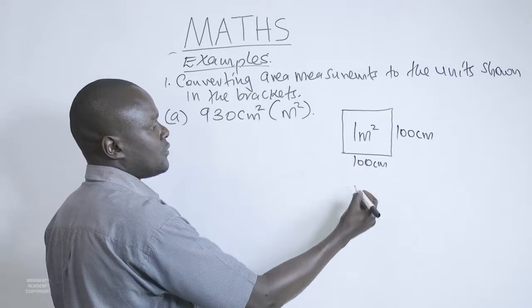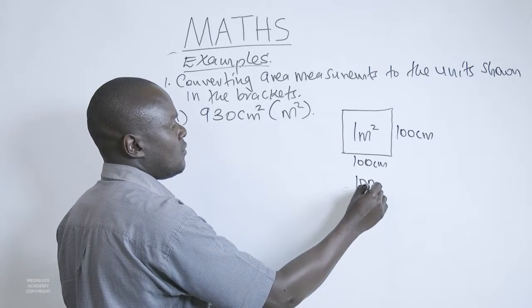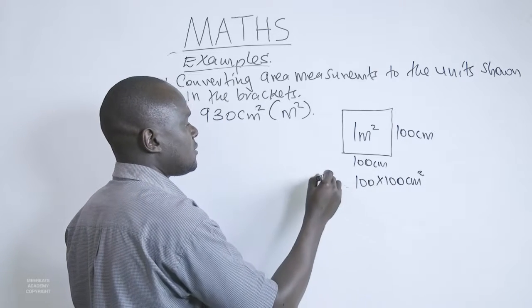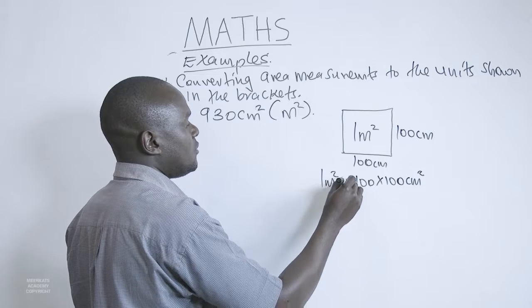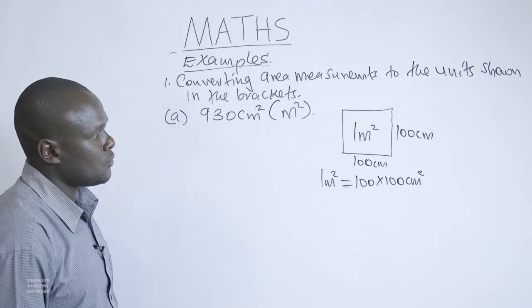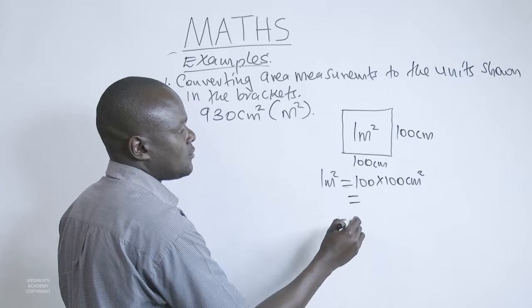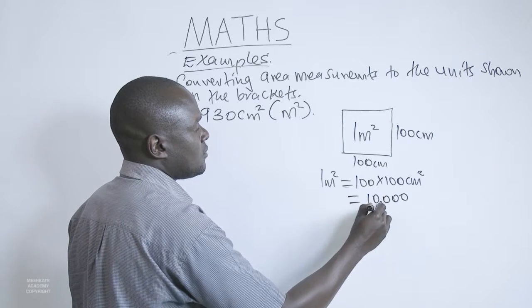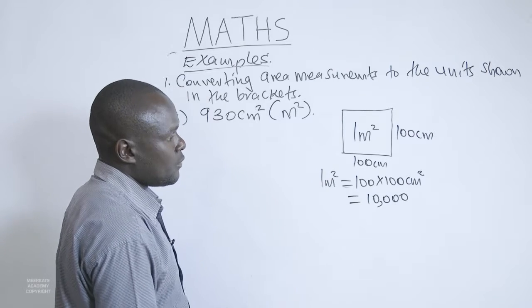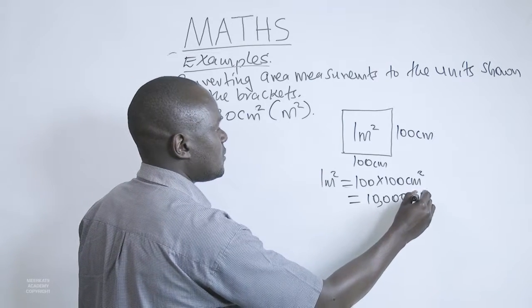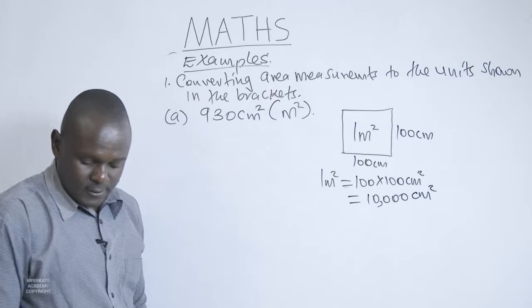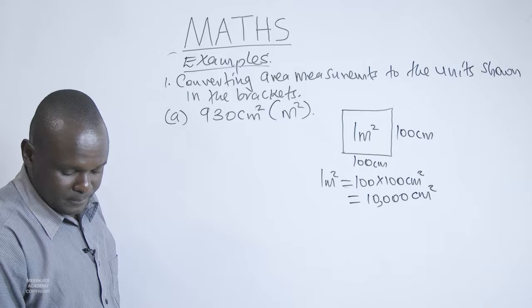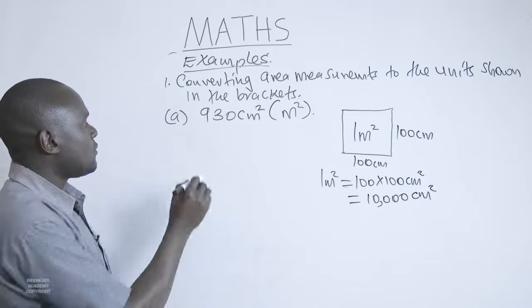So this will give us 100 times 100 square centimeters. 1 meter squared is equal to 100 times 100, which will give us 10,000 square centimeters.